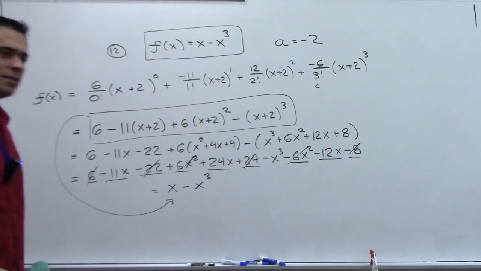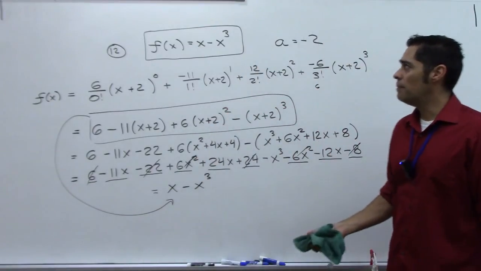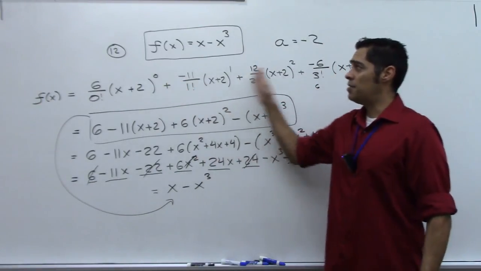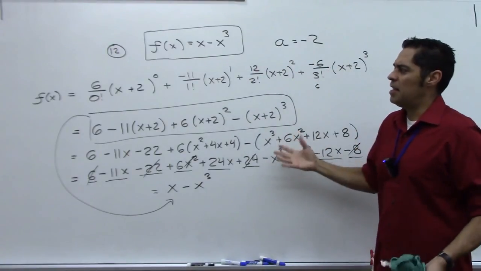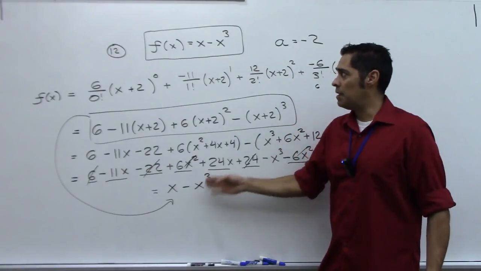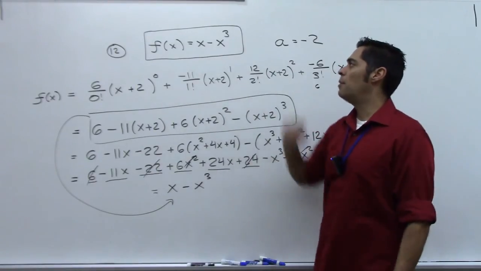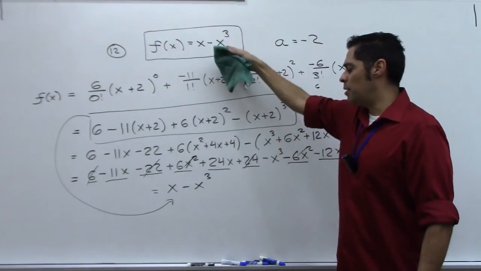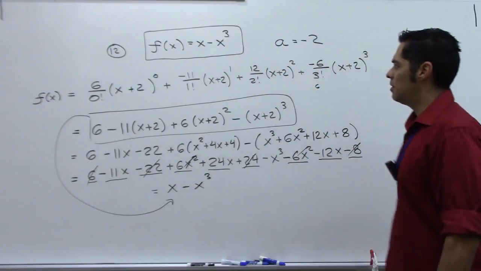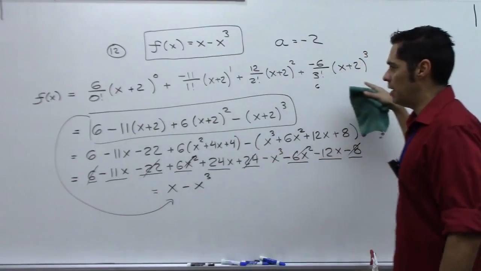Does that make sense? If we're trying to estimate a finite polynomial with a power series, which is again a polynomial, then it makes sense that what we should estimate it with would be the polynomial itself. So this only happens when these are polynomials. If this is a polynomial, our best estimate of a polynomial is the polynomial itself. It's kind of amazing, though, that we can get that from all that work we did.